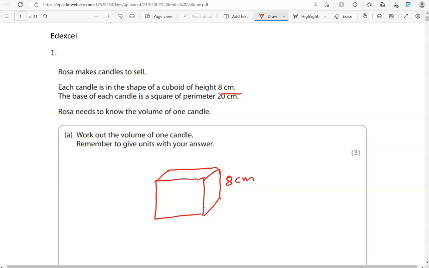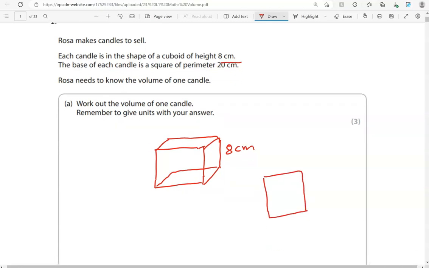The base of each candle is a square of perimeter 20 centimeters. So the base, which is this one here, that is a square in this case, and the perimeter is equal to 20.